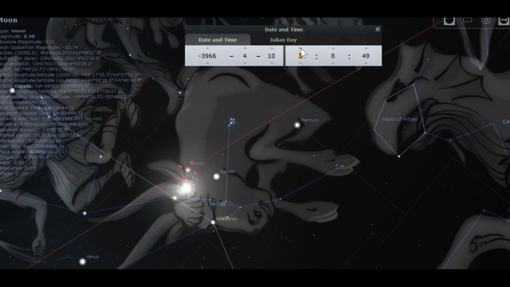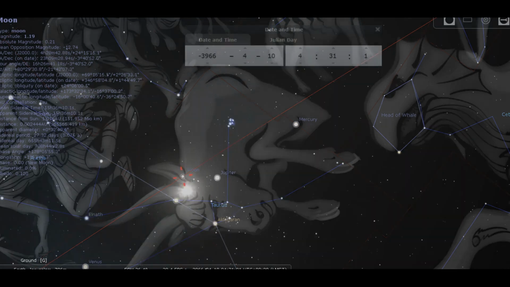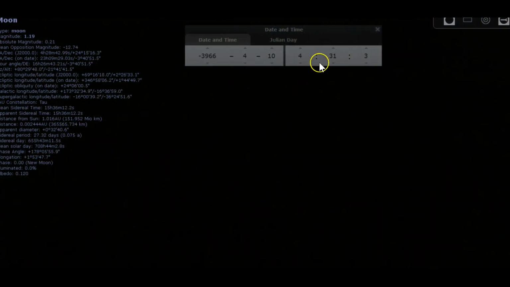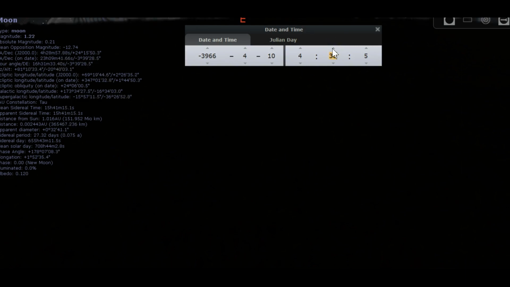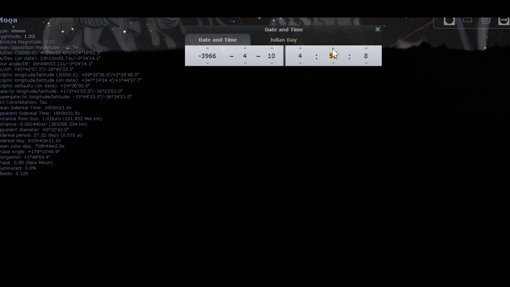We're going to move to dawn, which is roughly around 4:30 or so in the morning. So we're getting past that point a little bit. We're going to move to about 4:30 in the morning. I'm going to bring up the Earth. Okay, so actually it's a little more. It's probably more like 5:30 in the morning.